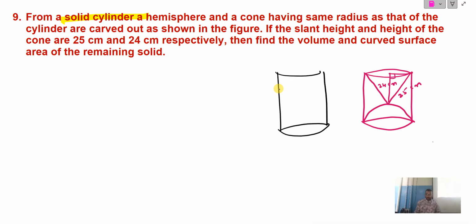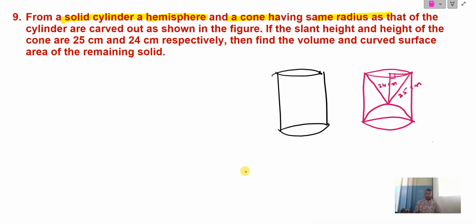Let me shade this part. Can you see this? This area from the cylinder and this area from the cylinder is carved out. Clear? From the total cylinder we are removing the shaded region, the shaded part. Once you remove the shaded part, as you can see, it looks like this.